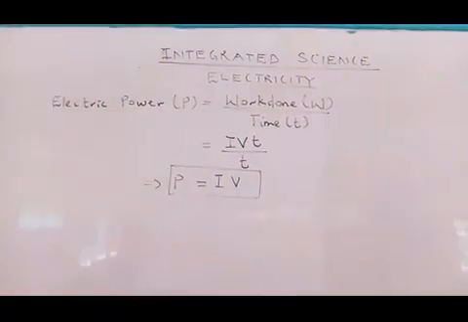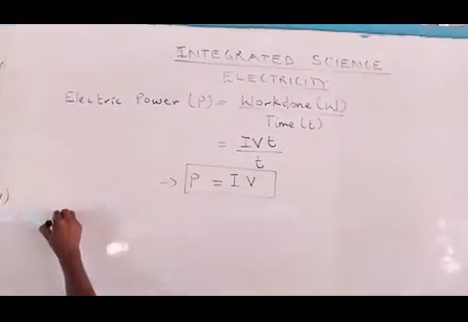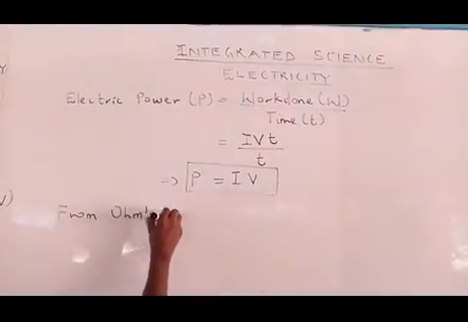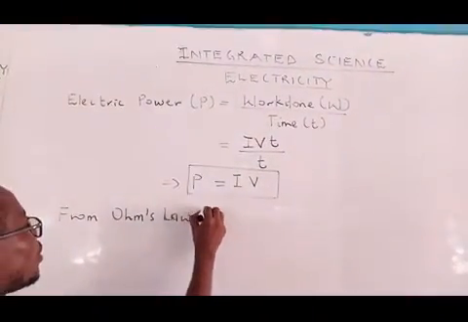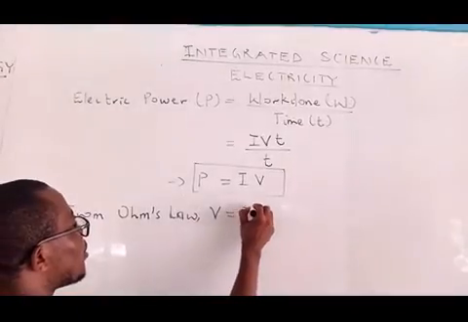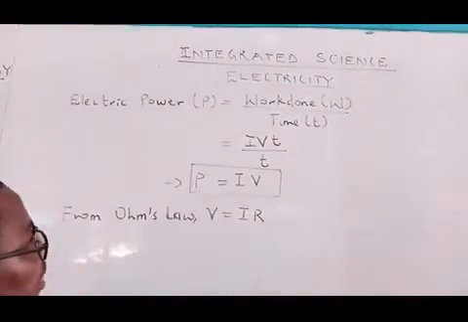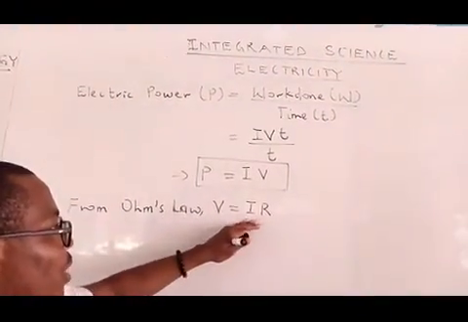We also know that from Ohm's law, V equals IR. The voltage is equal to the current times the resistance. So in place of the voltage, you can put current times resistance.